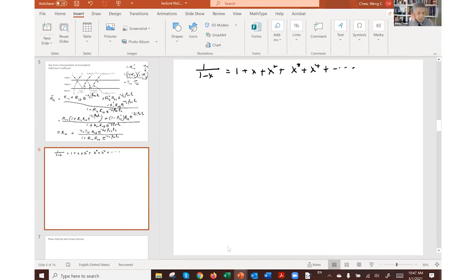Something like this can be written as an infinite power series. So I can think of this as 1 minus x, and then expand this as a power series. If I do that, I will have terms like that.